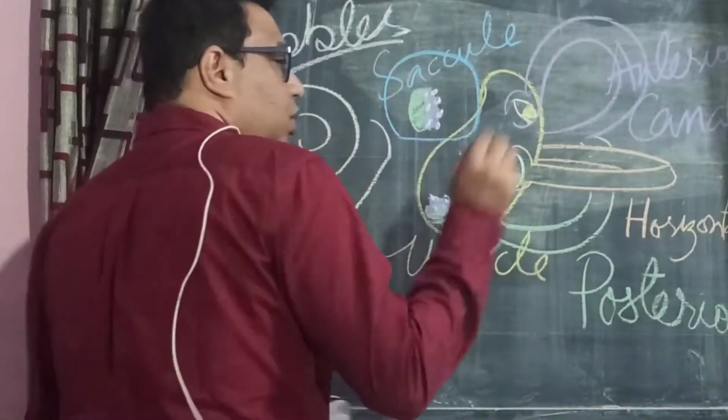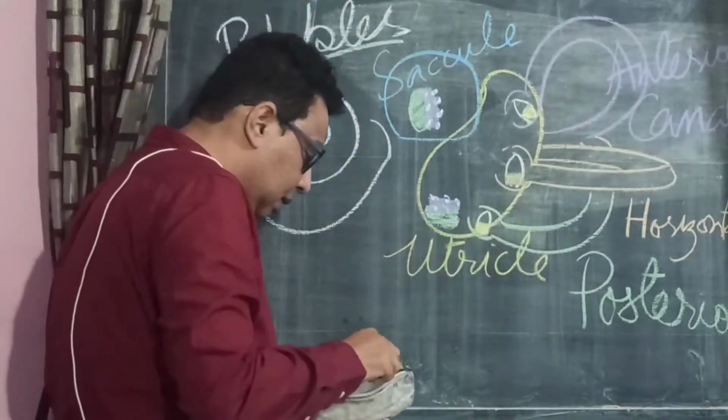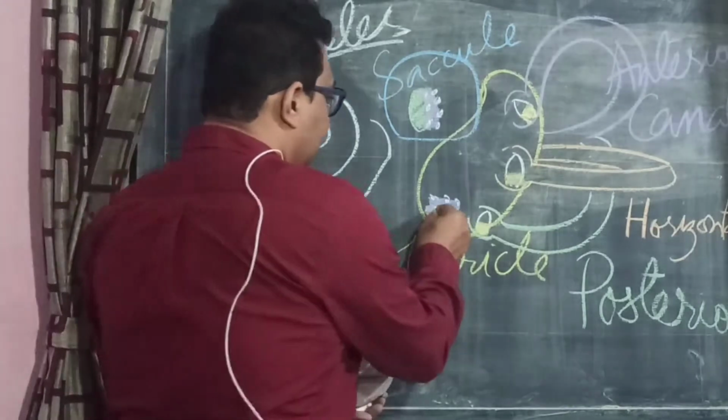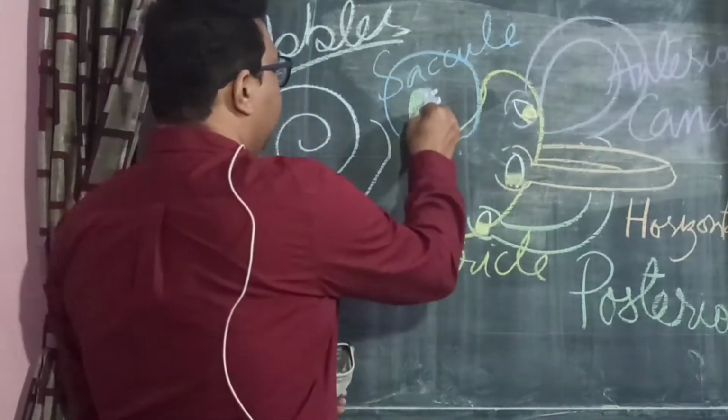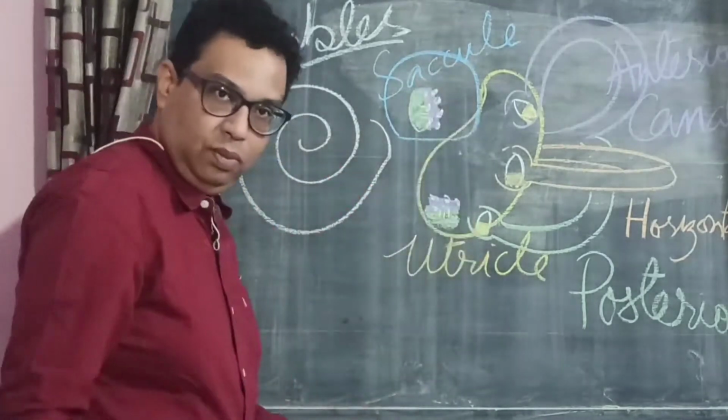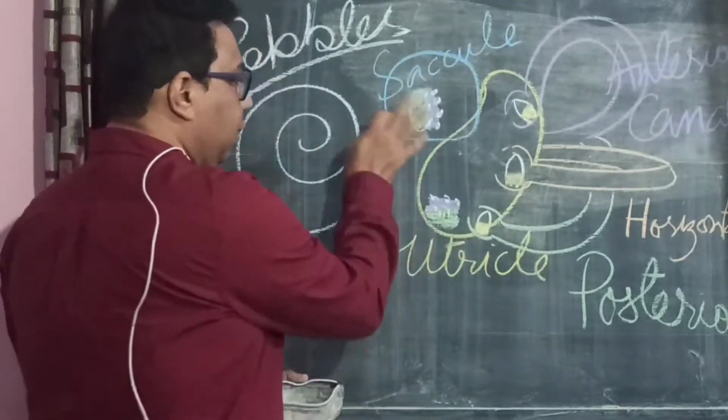So you have small pebbles embedded in the gelatinous substance, and the hair cell cilia will be embedded in the gelatinous tissue. So they will pick up the movement.